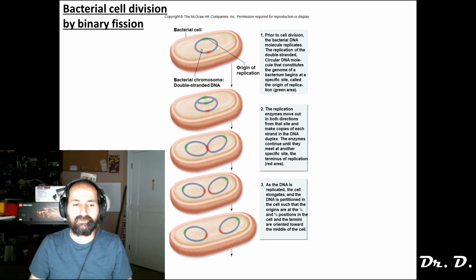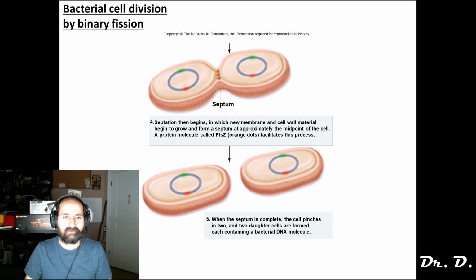But now, what about the bacterial version of cytokinesis? Well, that's called septum formation. You see what's happening here? The center of the cell begins to grow inwards. Notice how I didn't say pinch inwards. Septum formation is not an inward pinching of the cell wall.